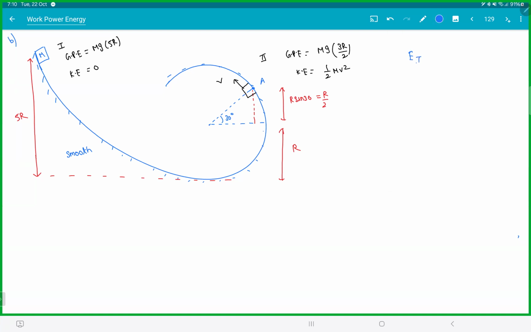Energy in state 1 is equal to energy in state 2. So we get 5mgr equals 3mgr by 2 plus half mv square. Shifting that side, that will be 7mgr by 2 is half mv square. v is equal to root 7gr. Check, that is the speed at point A.